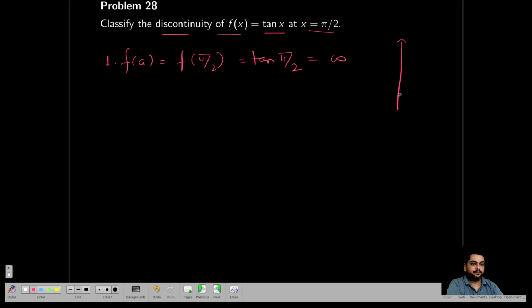That means we will get a vertical asymptote. So this is discontinuous. Infinity for the x value at x equal to pi by 2, we'll get a vertical asymptote. So this is discontinuous. What type of discontinuity is this? Infinite discontinuity.